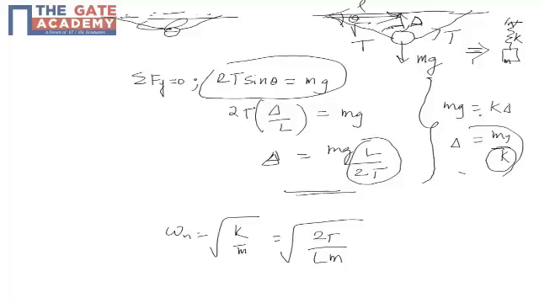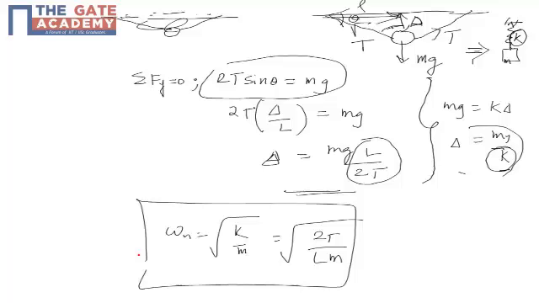When you compare, you get a value for the spring constant, which means that when you replace your given system with a spring mass system, the value of k is what you get from the given problem parameters, and then you can apply the natural frequency for the spring case.